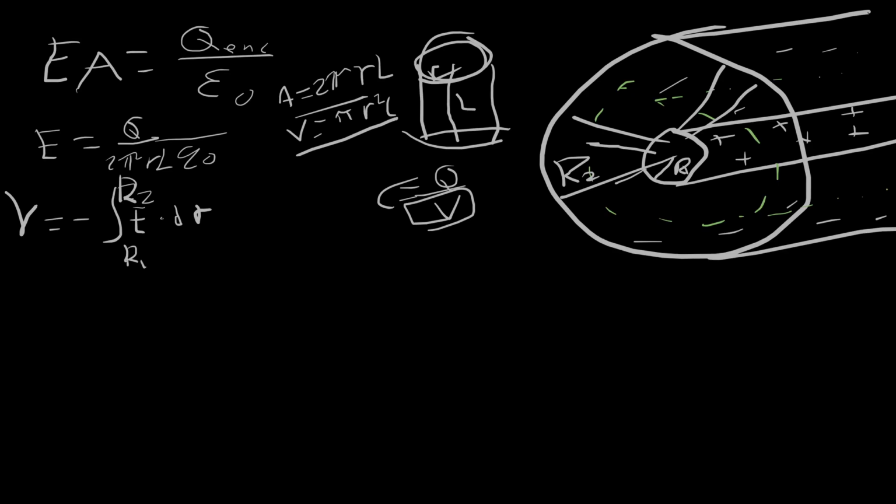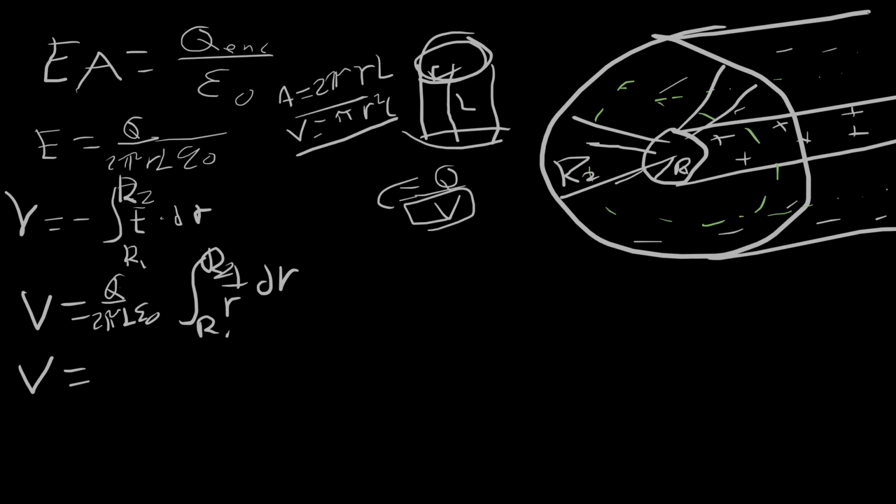Now let's substitute the values that we found for our electric field. The only variable is 1 over r, so everything else can be pulled out to the side. Q over 2 pi times length, times our space constant, and we're only integrating 1 over r dr from r1 to r2. And this one's pretty easy if you remember: ln is the antiderivative of that.